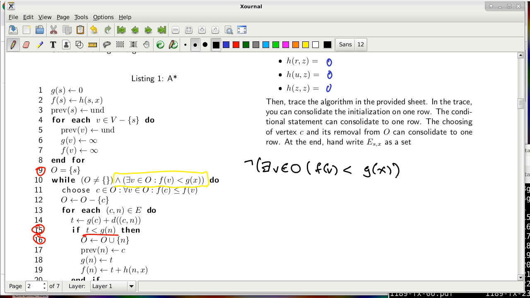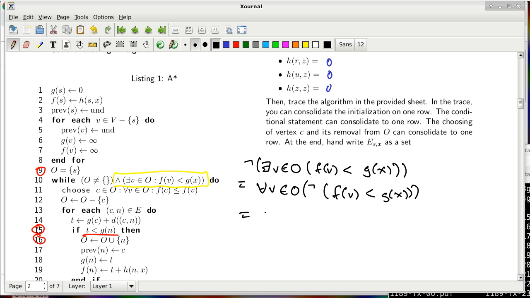So we are looking at the negation of this entire thing. As usual, we push the negation symbol all the way inside, because that makes it easier to read. So this is the same thing as saying, for all V in O, it is not the case that f of V is less than g of x.